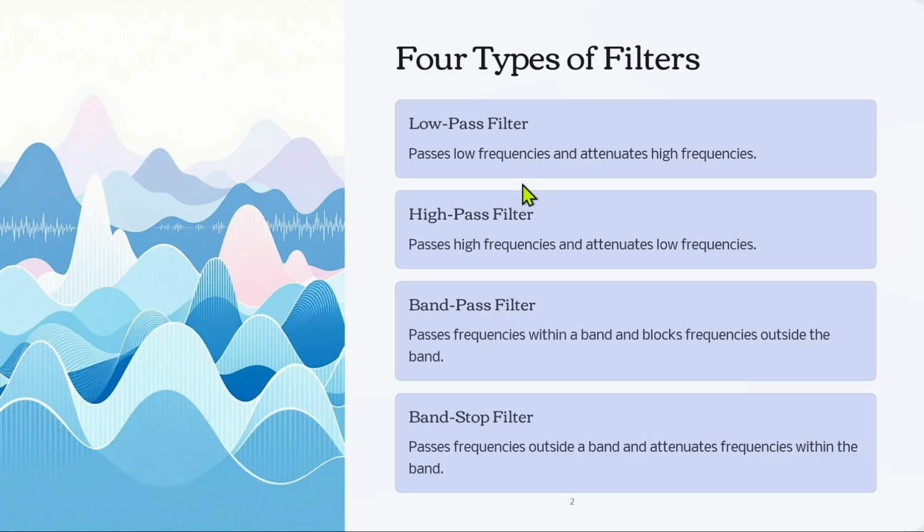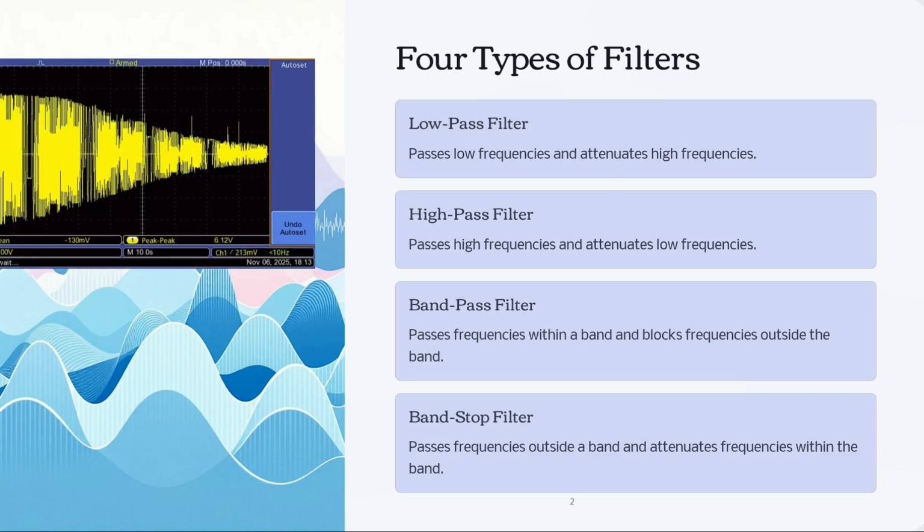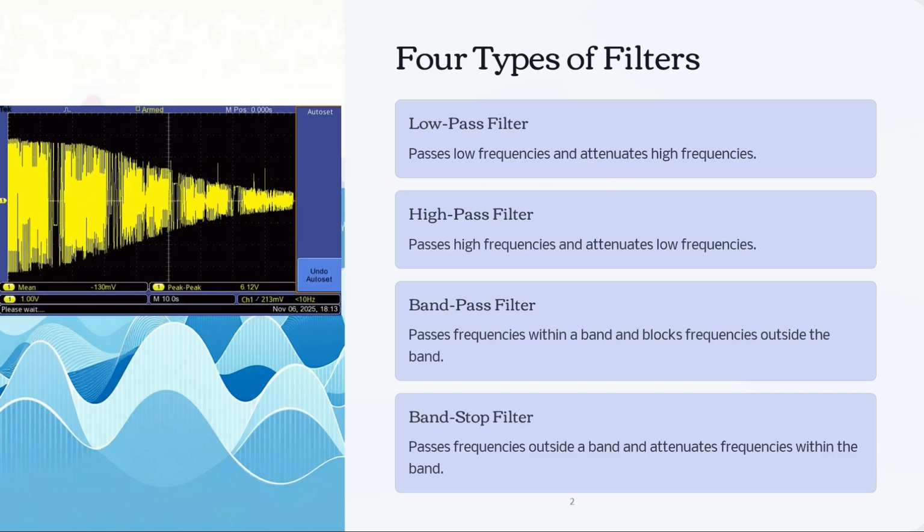The filters which pass low frequencies and attenuate high frequencies are termed low pass filters. Here on the left-hand side we see the response obtained from a low pass filter. The response shows that after a particular range of frequencies, the amplitude of the signal decreases.